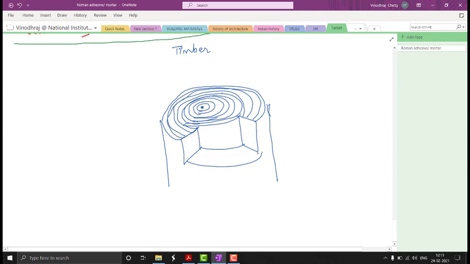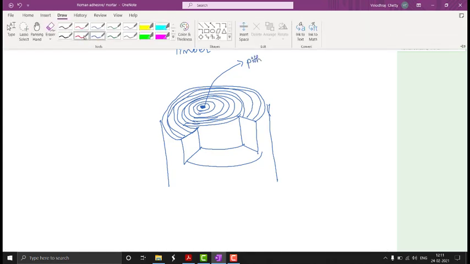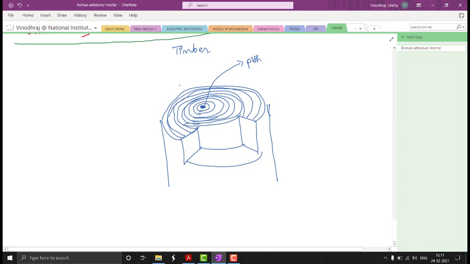So talking about the section, this central part that is there, I'll just use different colors to mark so that you can remember. This central part is known as pith. These red color lines are known as annual rings. So using annual rings, you can determine the age of the tree, right?